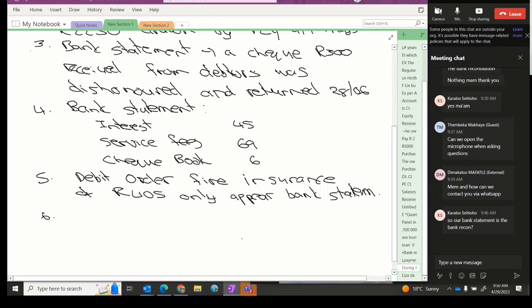Like this one, number 5, they say a debit order for insurance. So it already went off your money in the bank, but you didn't show it in your books. And your books must coincide with the bank statements. Otherwise, money disappeared somewhere and you don't know where. Also, that is why you are doing it, to see that no one is stealing your money.